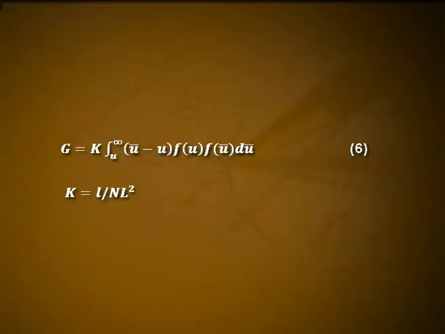Thus, the rate of gain of vehicles at speed u per unit speed due to overtaking is g equal to k into integral u to infinity (u bar minus u) into f of u bar du bar, where k is equal to small l by n into capital L square.